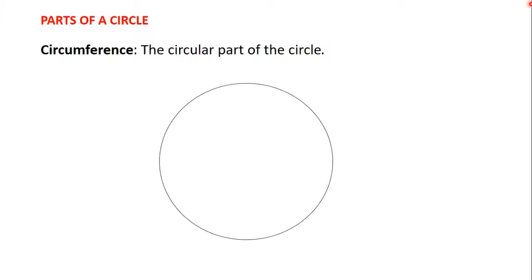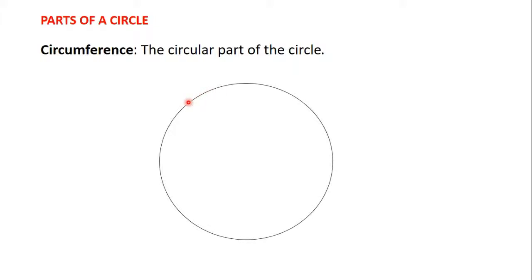So the first part of a circle we are going to consider is the circumference. The circumference is the circular part of the circle. So in other words, the circumference is the distance around the circle. In the previous videos, we learned that the perimeter of a triangle or the perimeter of a quadrilateral is the total distance around the triangle or the quadrilateral.